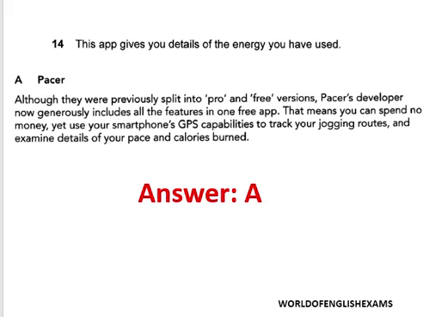This means that you can spend no money, yet use your smartphone's GPS capabilities to track your jogging routes and examine details of your pace and the calories burned. So here calories burned is nothing but energy you have used. Hence, what is the answer? It is A. So you have to answer the questions like this. Don't expect to find the exact words from the question. You have to look for synonyms and the meaning.